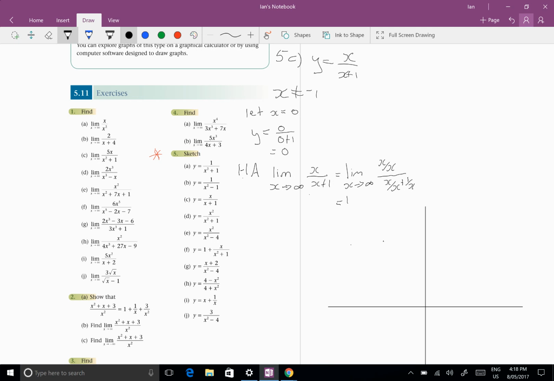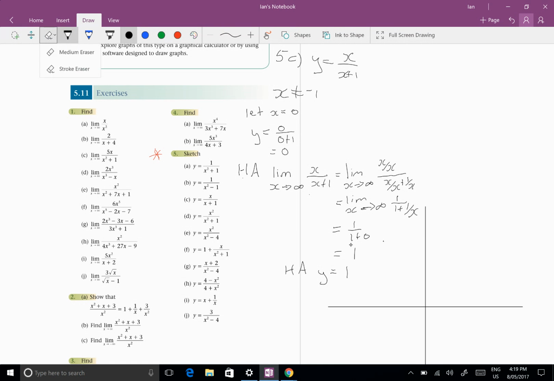Well, that's going to give me the limit as x approaches infinity of 1 over 1 plus 1 on x. And that'll give me 1 on 1 plus 0. So I'm going to get 1. So I've got a HA when y equals 1.